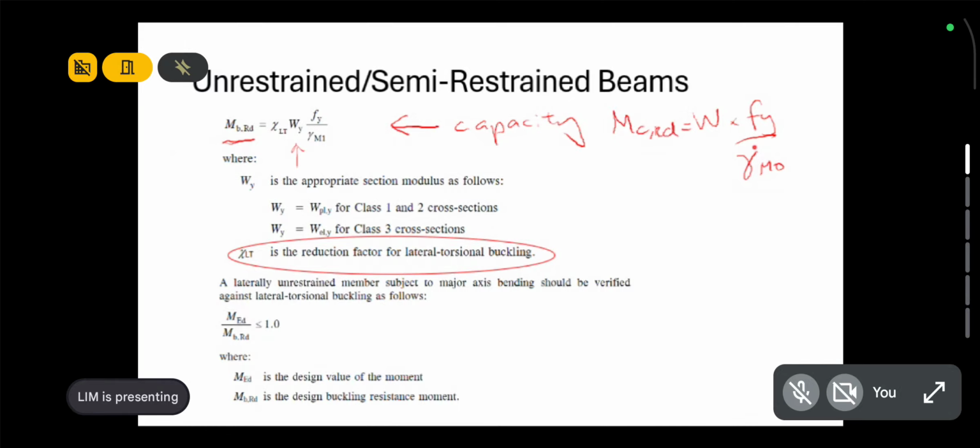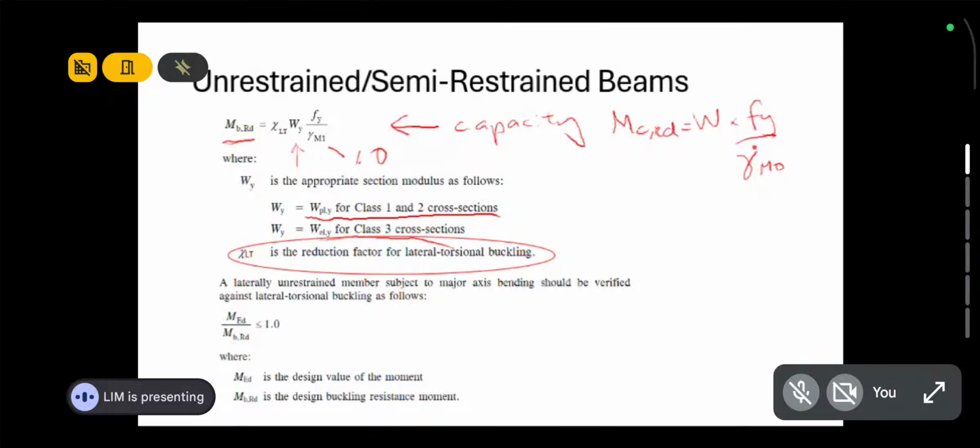Okay, now if you look at actually W, let's look at W first. W for Wy is actually Wpl,y for class 1, class 2 section, and Wel,y for class 3 section. It's actually the same as the previous formula. Okay, multiply by Fy divided by gamma M1. M1 is 1.